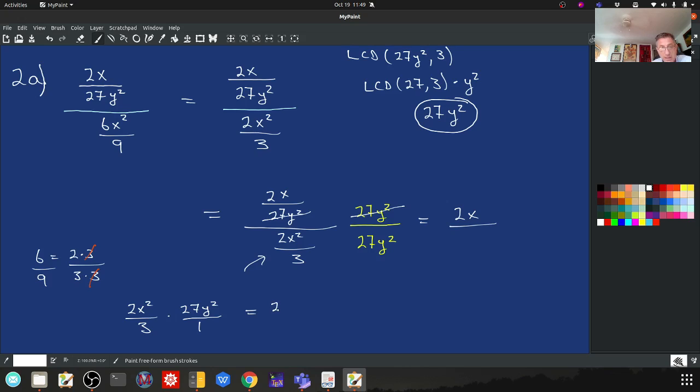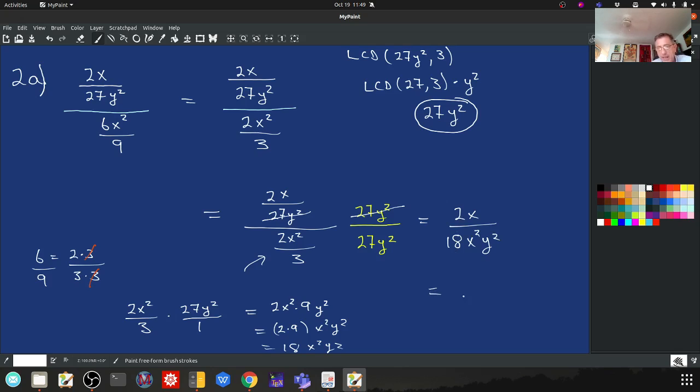So this is the same as 2x squared times 9y squared, which is equal to 2 times 9 times x squared y squared, which is equal to 18x squared y squared. Now all we do is simplify.